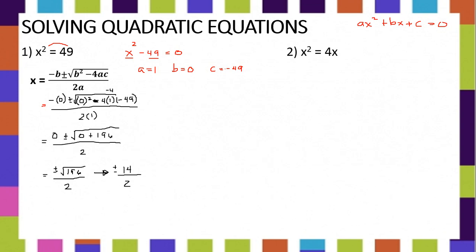The square root of 196 is positive, negative 14 over 2. So, yung x natin will be positive 14 over 2. Tapos, yung isa is x is equal to negative 14 over 2. Yung unang x natin will be positive 7. Yung pangalawang x natin will be negative 7.